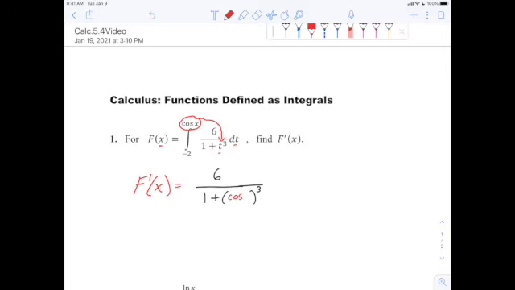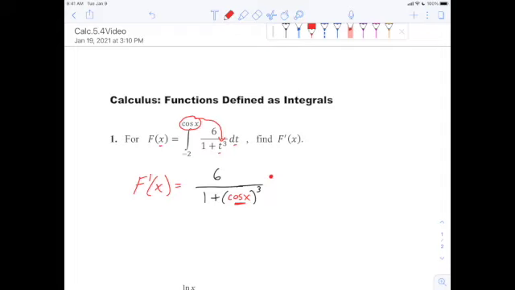So I'm going right to the shortcut here, that you essentially forget about trying to integrate it. You take that away, but t is replaced by cosine of x, and then you have to multiply by the derivative of what you just plugged in, the derivative of cosine of x.